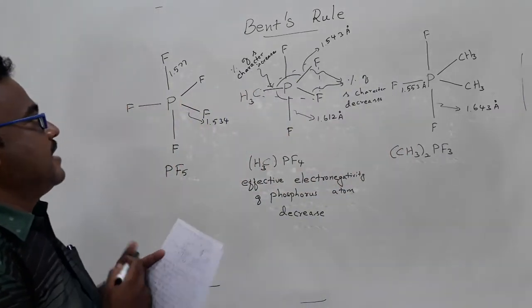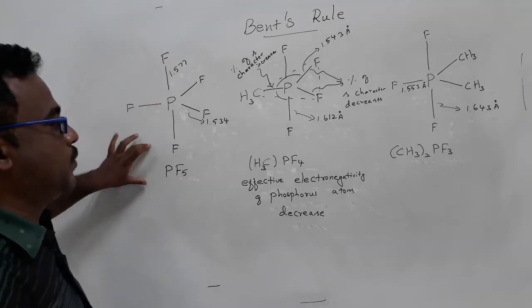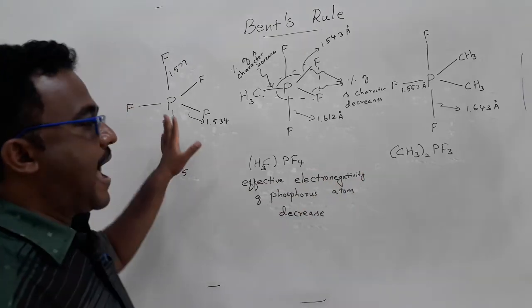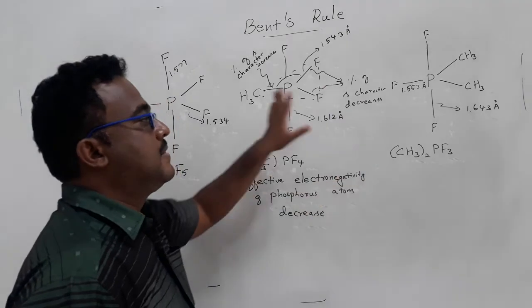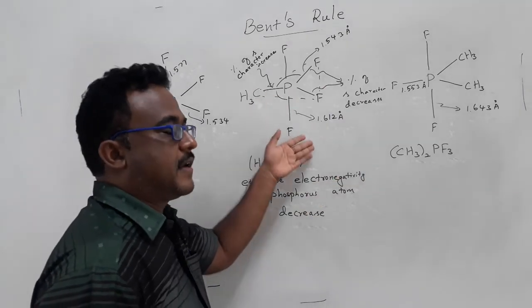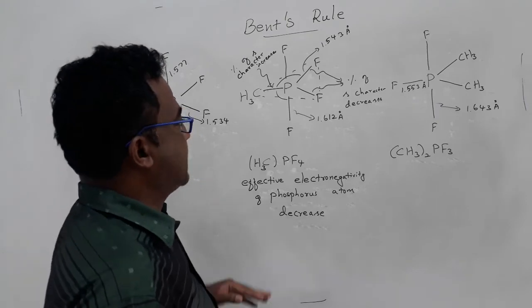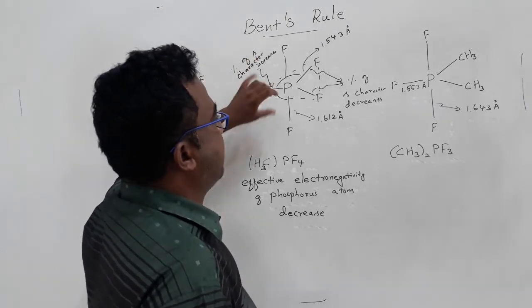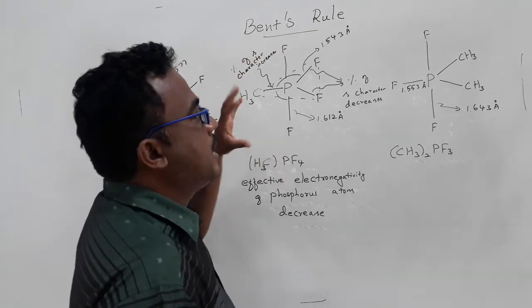So again, if we compare the axial PF of phosphorus pentafluoride with the methyl substituted derivatives, the bond length of axial PF also increases for methyl substituted phosphorus fluorides than phosphorus pentafluoride because of repulsion. To overcome the repulsion, this axial PF bond length gets elongated.